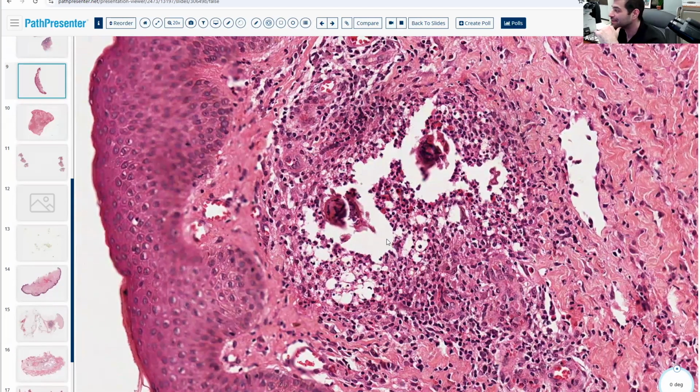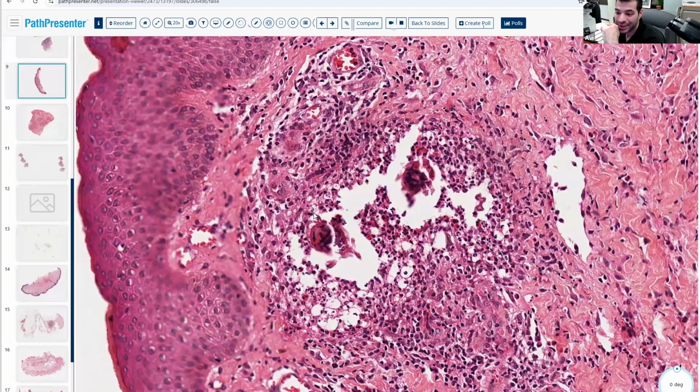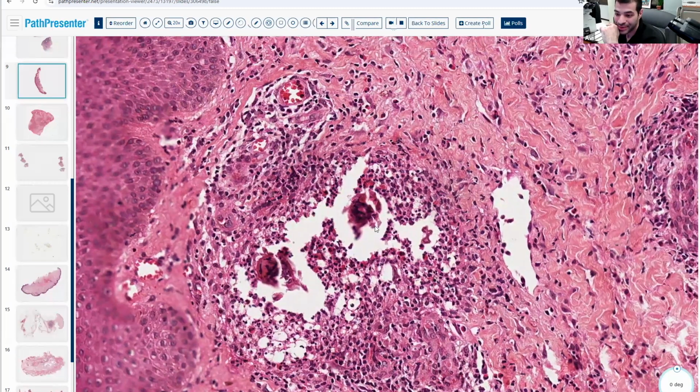So what eggs have spines? Oh, you guys know this. You guys learned about this. Haematobium. Okay, Schistosoma. It's either going to be one of two things. If it has a spine and it's not laterally placed, you're going to say haematobium.